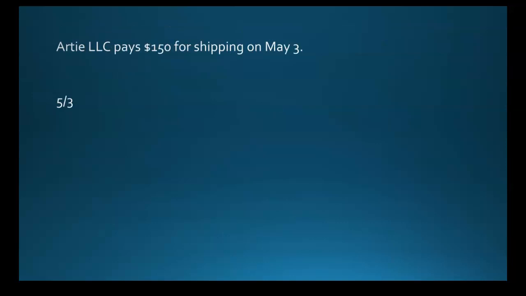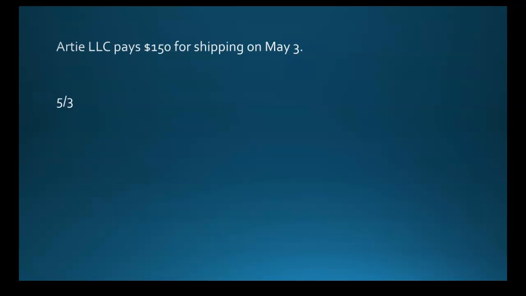On May 3rd, Artie LLC pays $150 for shipping. So this is where FOB shipping point comes into play, because now the buyer is paying for the shipping. So they're paying $150 today. These shipping costs are just additional costs of acquiring this inventory.